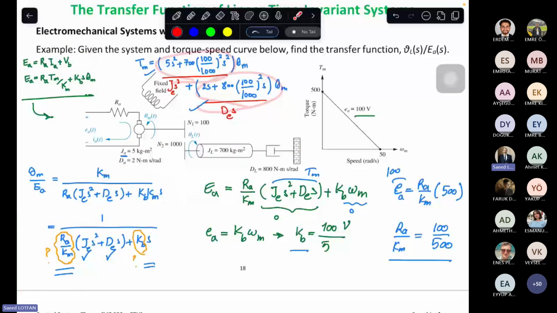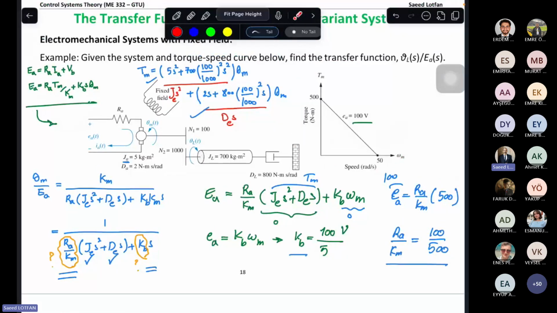So these two come from the experimental observation that when the voltage is 100 at the input, we have this 500 as stall torque, sorry, and the no load rotation. Clear?